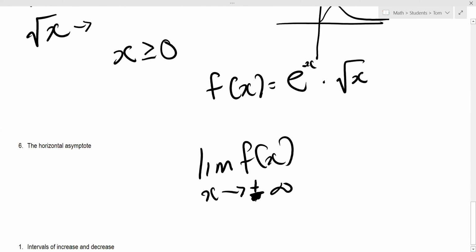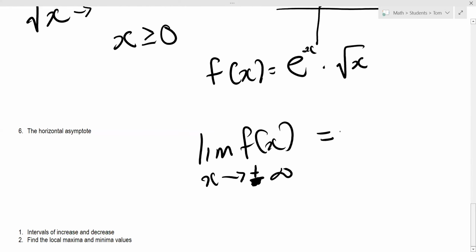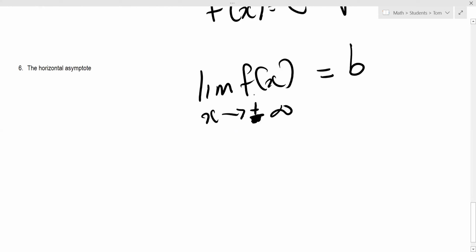So the limit as x approaches infinity of f of x will be equal to a particular value. I used a in the last one, so I'll use b. Is there a horizontal asymptote? Let's see.